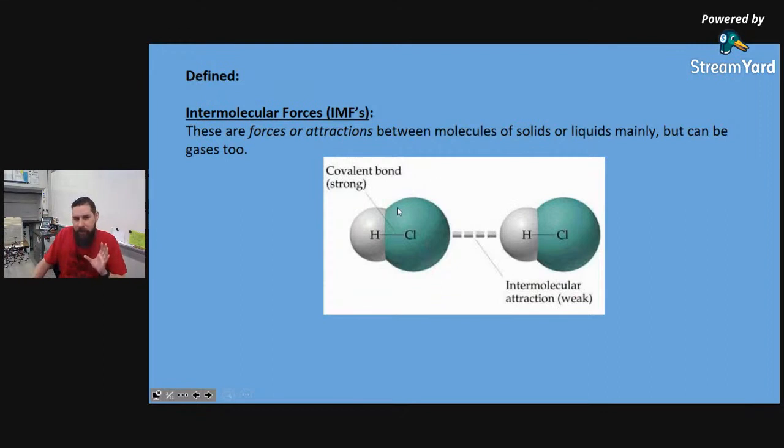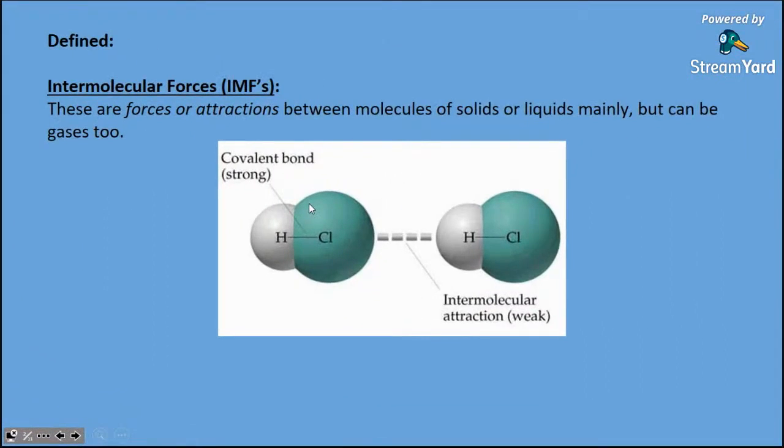Look at this image I've got on the screen. When we look at this molecule of HCl, or hydrochloric acid, the bond between the hydrogen and the chlorine is a covalent bond. That is what we'd refer to as an intramolecular force. If you look at the electronegativities of hydrogen and chlorine, you would find a significant difference.